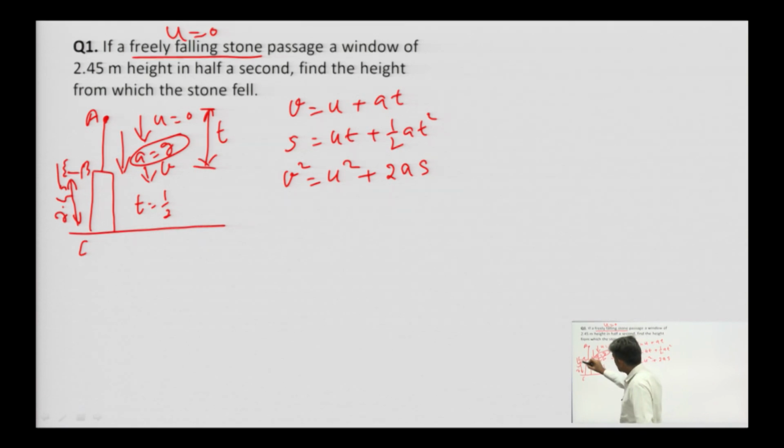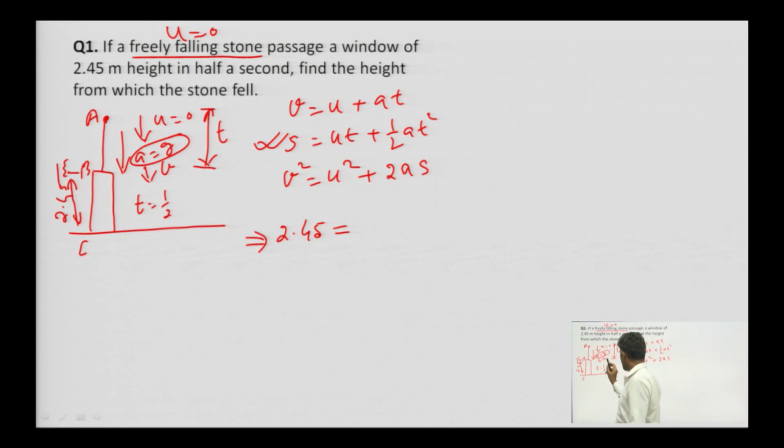First of all, see here 2.45 is given to us. It means that distance we need to utilize in the calculation. t is also given to us. So it is better to use equation number 2. So 2.45 is equal to ut plus half g t square, where u is the velocity that you need to calculate.